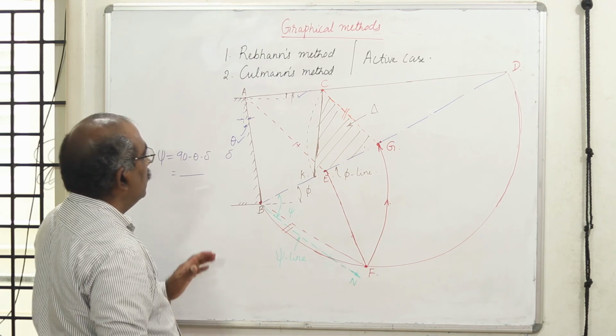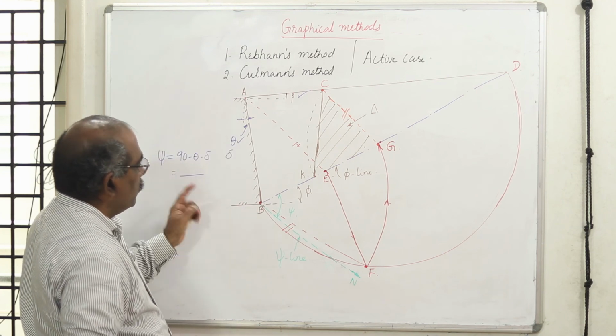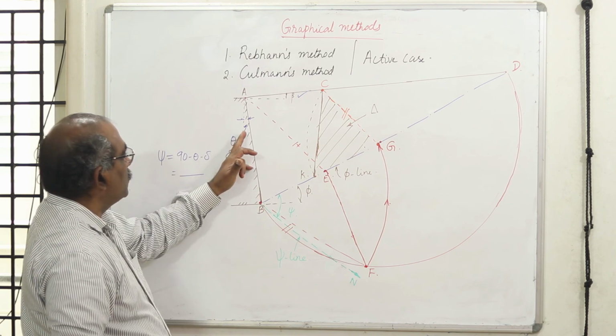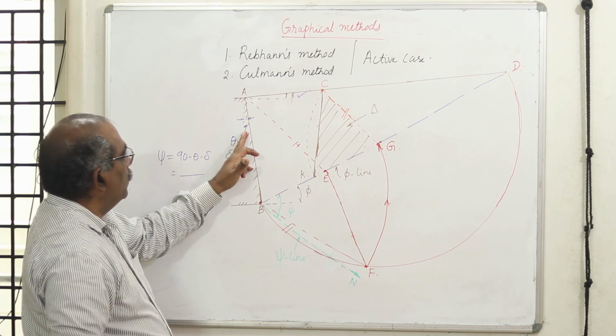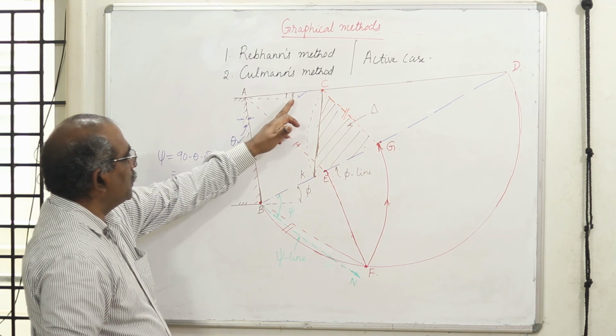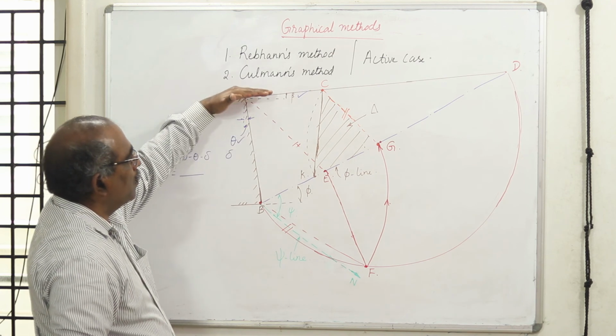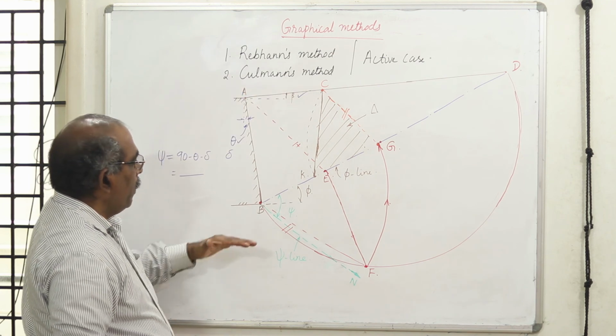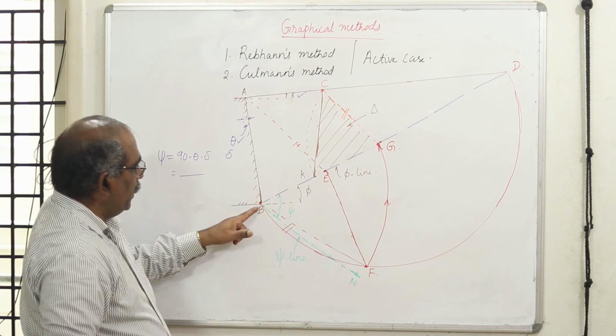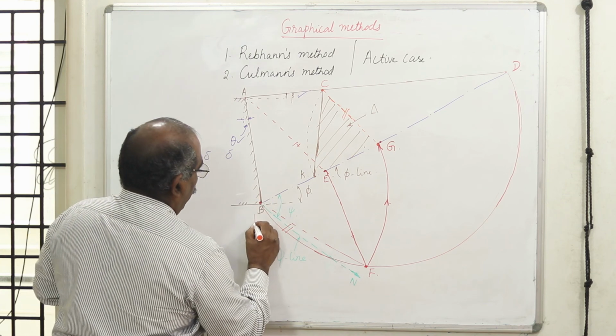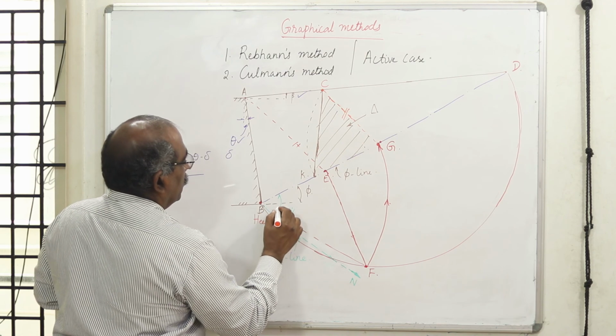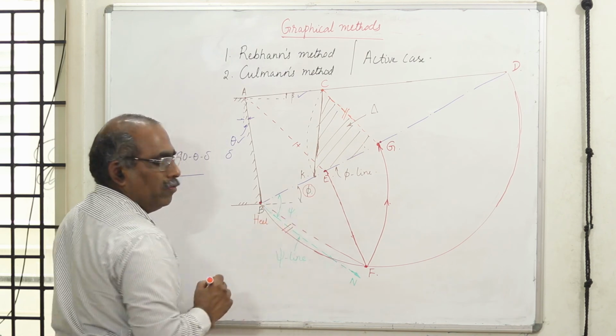I'll explain once again. Draw the retaining wall to a certain scale. We have this angle theta, the batter angle. You have the surcharge angle beta. Draw the ground line at an angle beta with respect to the horizontal. From the heel, draw a line at an angle phi.